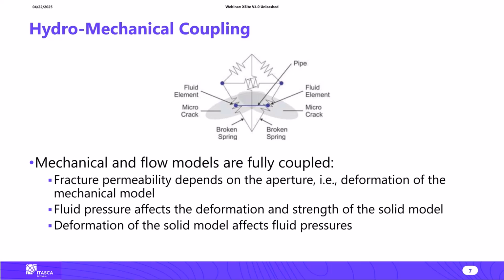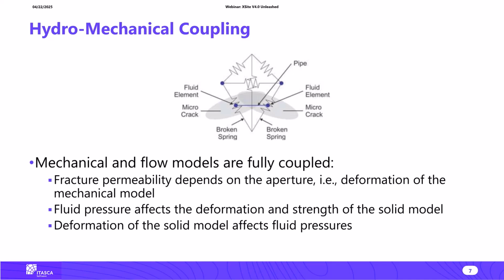So the important thing to understand is that the flow model and mechanical model are directly connected, and the geometry of the flow model evolves as a function of the evolution of the mechanical model and the damage of the mechanical model. In addition, the mechanical and flow models are fully coupled, meaning that the fracture permeability depends on the aperture, or in other words, on deformation of the mechanical model.